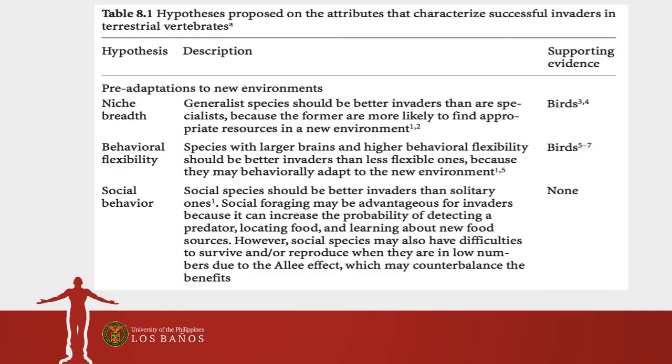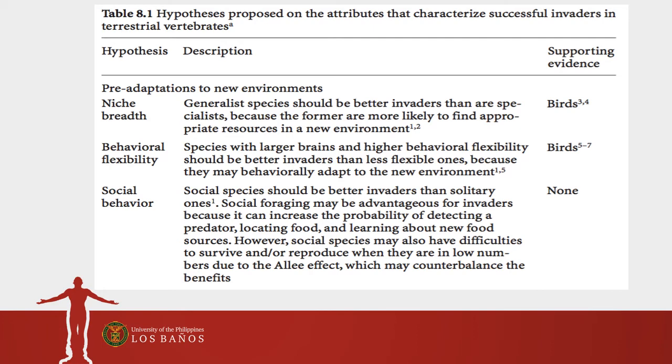A number of traits or pre-adaptations that have been hypothesized to affect the invasion potential of terrestrial vertebrates are: 1. Niche breadth. Generalist species should be better invaders than are specialists, because the former are more likely to find appropriate resources in new environments.